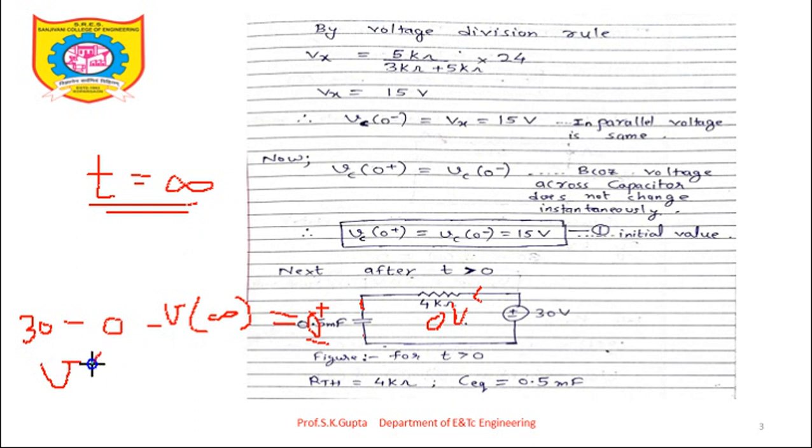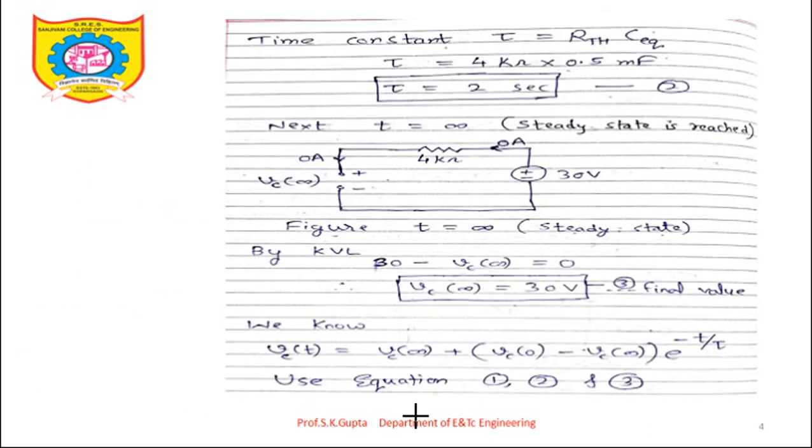So V infinity comes out as 30 volt. So the final value is 30 volt. This is my equation number 3. Equation number 1 is the initial value 15 volt, equation number 2 is the time constant 2 seconds, and equation number 3 is the final value 30 volt.